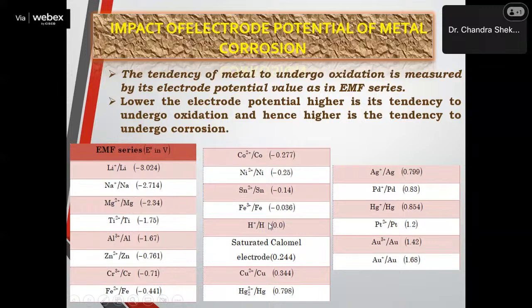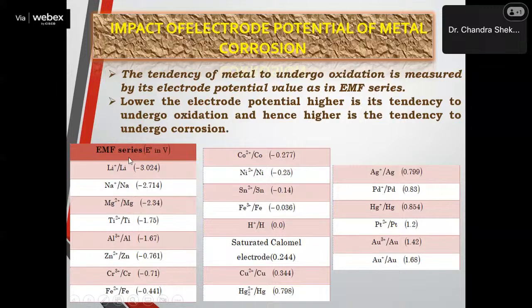And after measuring electrode potential of all the electrodes, all the metal ion systems with respect to standard hydrogen electrode, we can prepare a series of electrode potential values. And this particular series, where all the metals are arranged in the increasing order of their electrode potential value, we call it as EMF series.